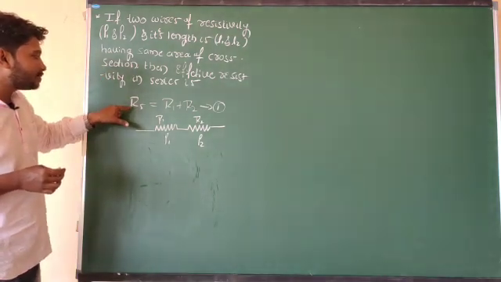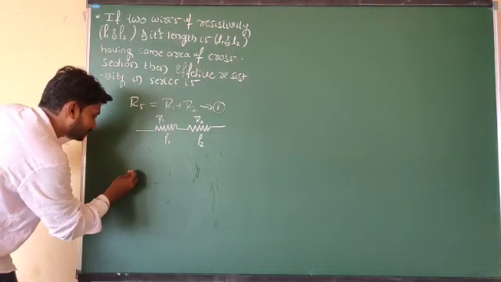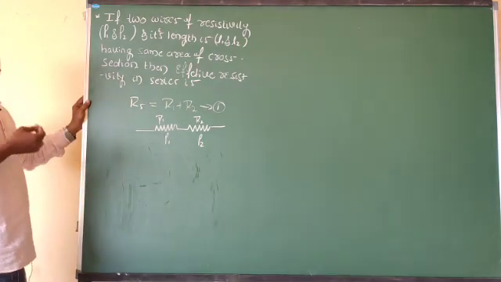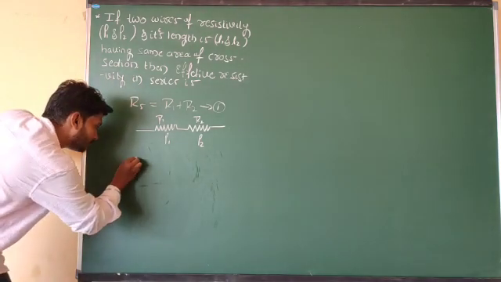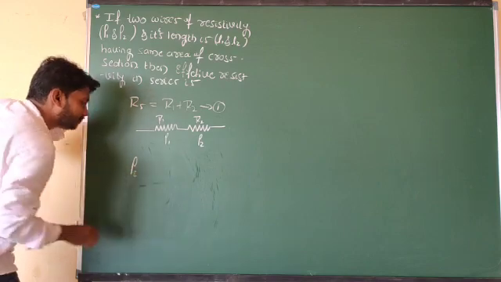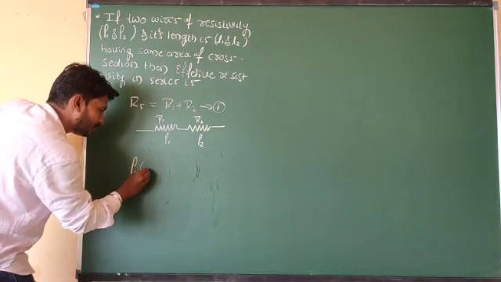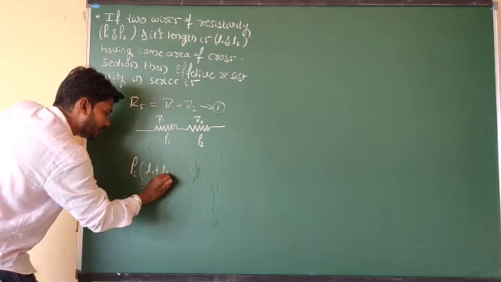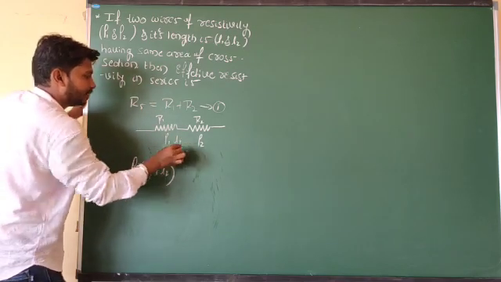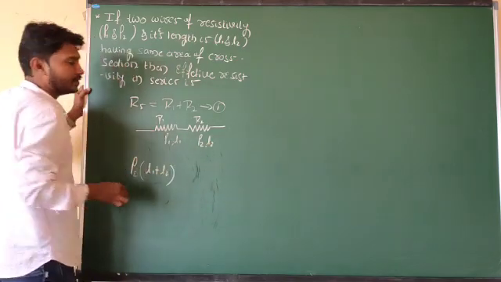This is the expression for resistance. R_s is equal to ρL divided by A, where ρ is the effective resistivity. The total length is L1 plus L2. This length is L1 and this length is L2.